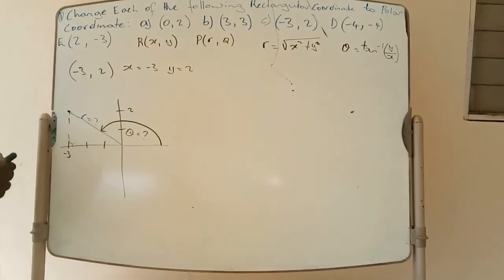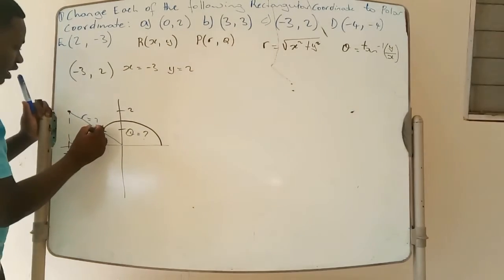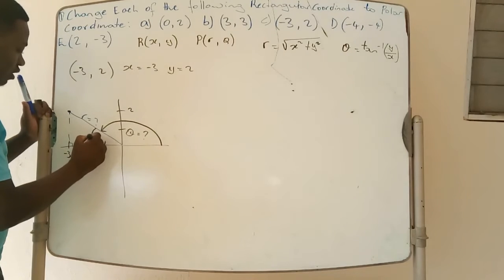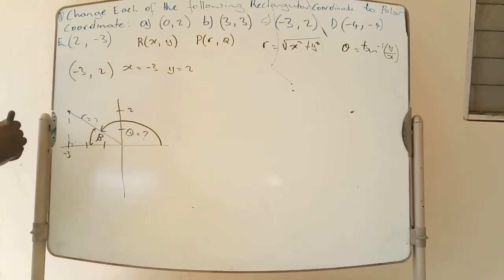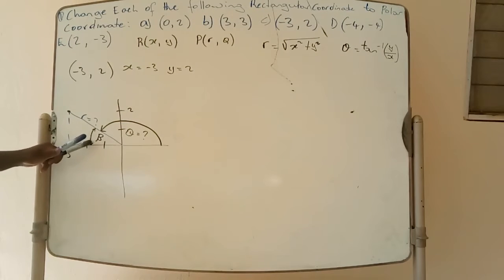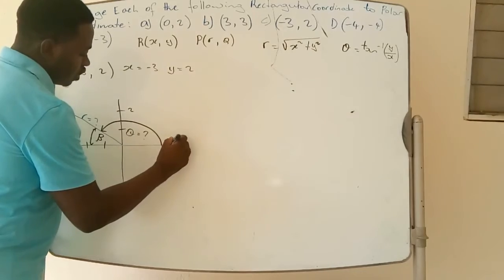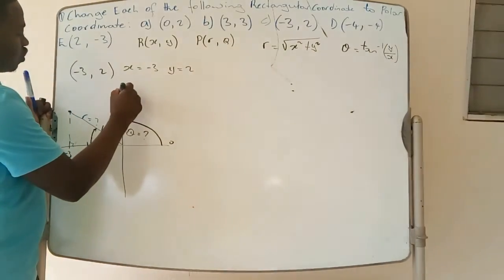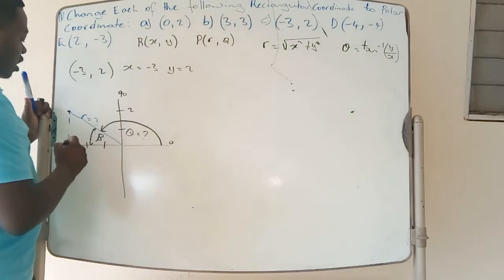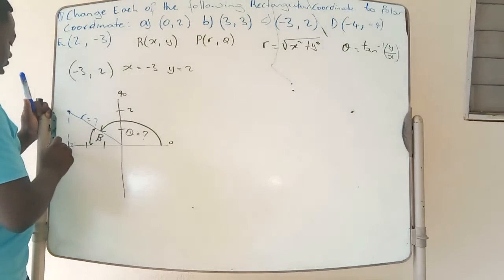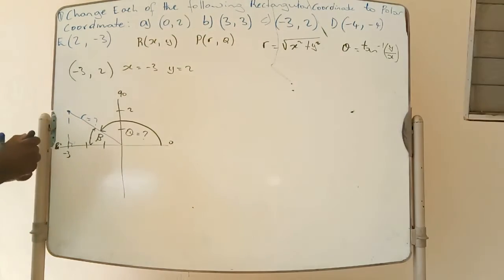Right? But here we have a triangle. Means that, let's call this angle something else. So this angle here is beta. It means that if we determine the value of beta, then we can easily determine the value of theta. Since we know that here is just 0, here is just 90 degrees, and here is just 180 degrees. So we know that we can easily determine what theta is if we know what beta is.